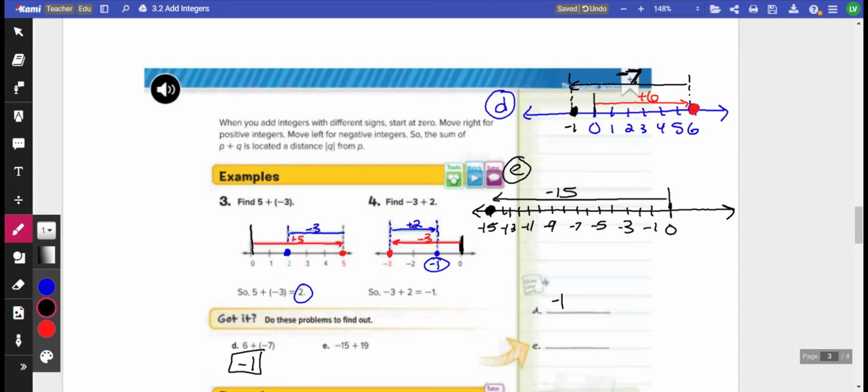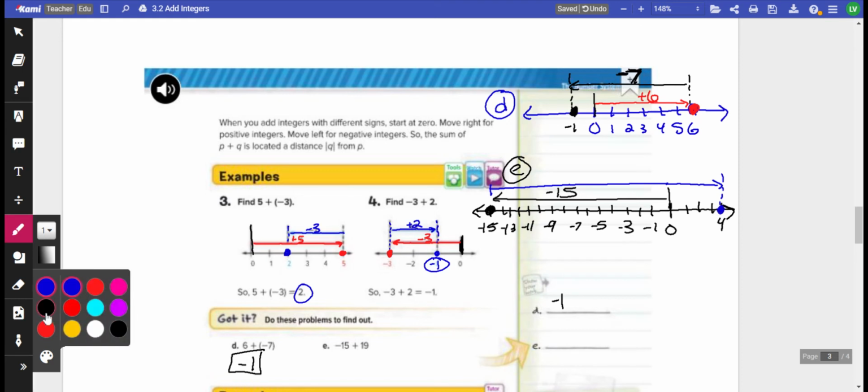Then I want to add 19, which means I'm going to be going to the right. Well, there's 15, but I still need to keep going. I had to go another 4 to the right because 19 minus 15 gives me 4. So negative 15 plus 19 gives me the answer of a positive 4.